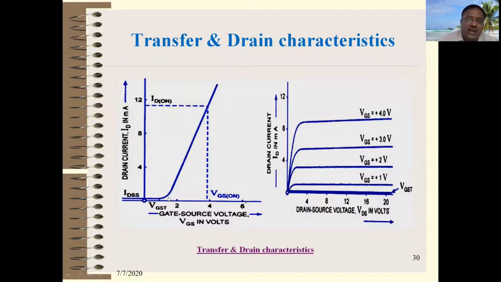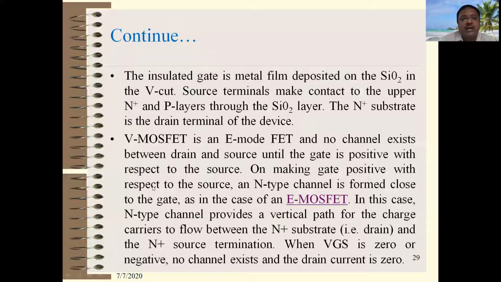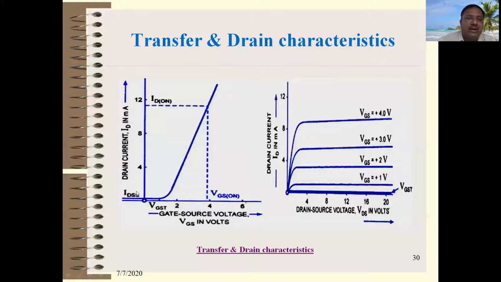Then the transfer characteristics, which is basically plotted between ID and VGS when VDS is constant, right? So VDS is the voltage between drain and source, that is the VDD battery. Once we make it constant, then just increase the value of VGS in small steps and plot the current ID.